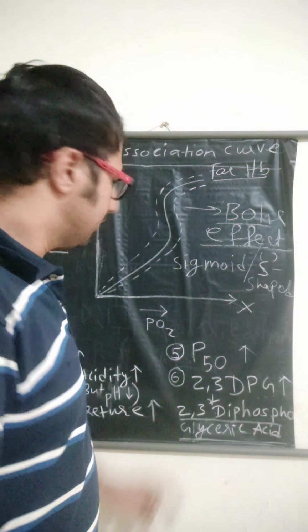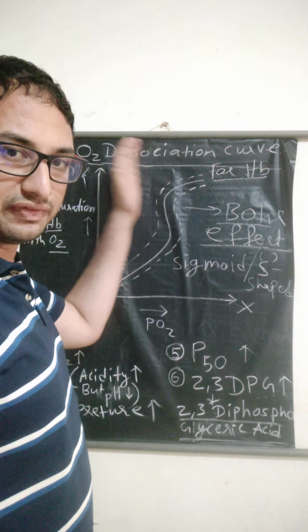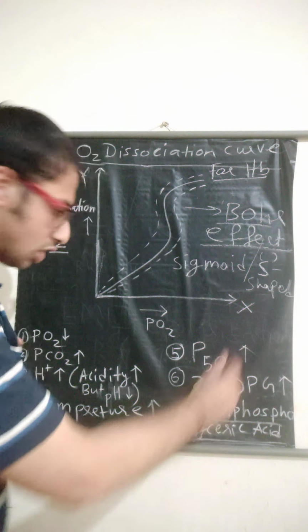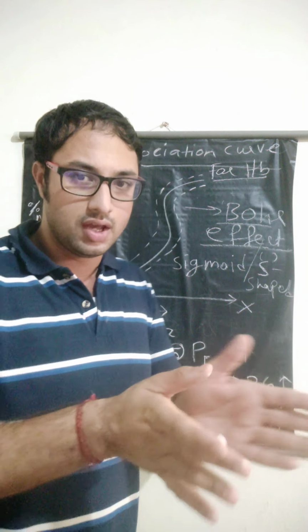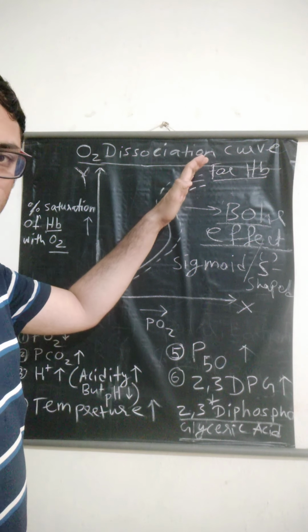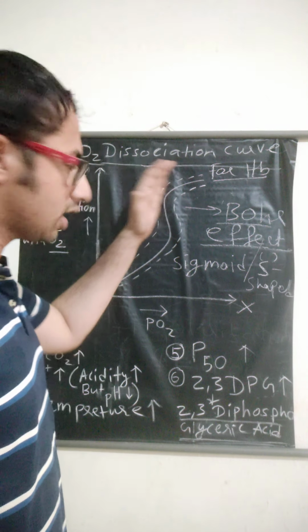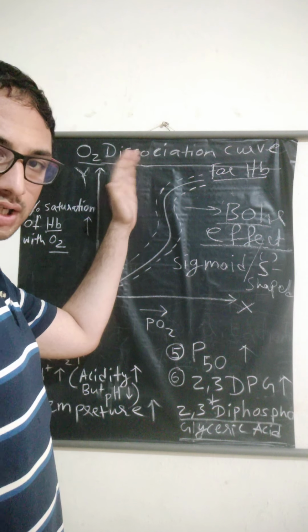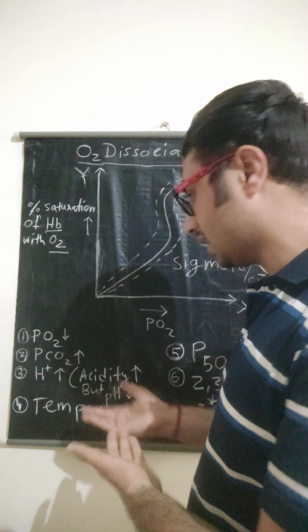Similarly, suppose the oxygen dissociation curve has to shift toward the left side. For the right shift, these conditions cause more dissociation of oxygen from hemoglobin. For a left shift, what conditions are required? Just the opposite.